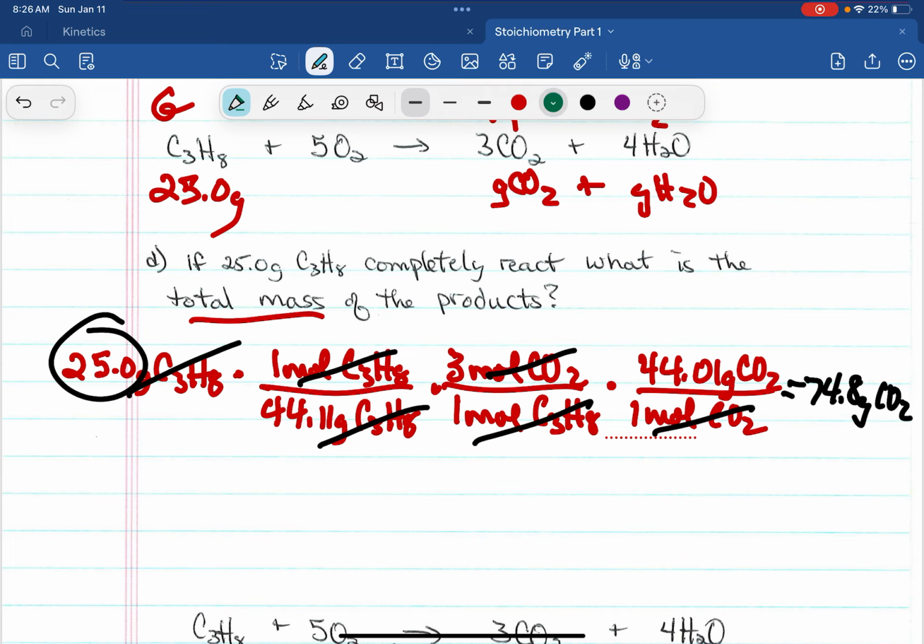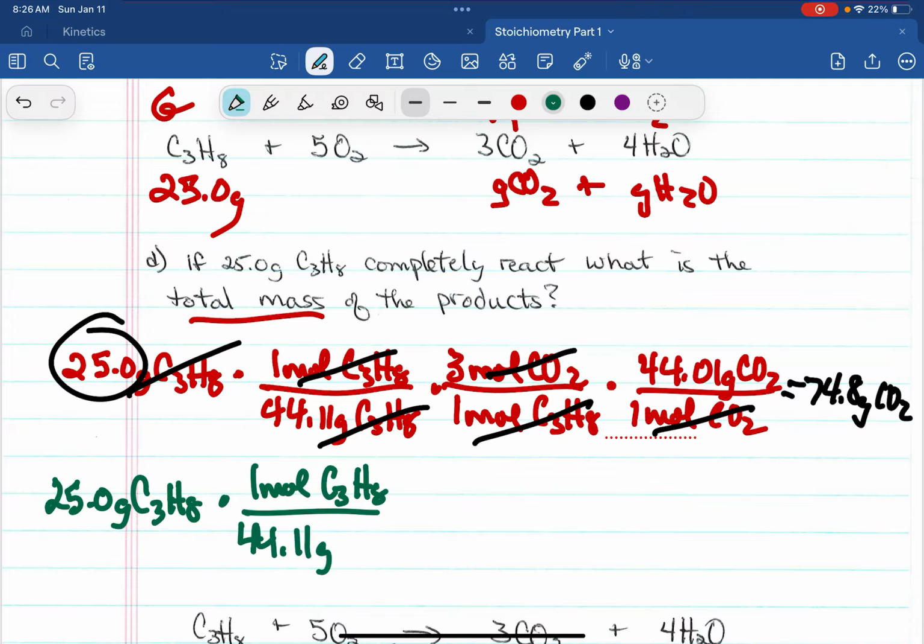Now we'll do the second one. 25 grams, it's a 44.